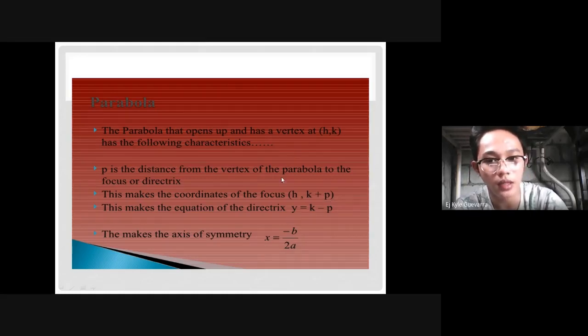Yan, tandaan yan. The equation of directrix is y equals k minus p. And the axis of symmetry is x equals negative b over 2a.